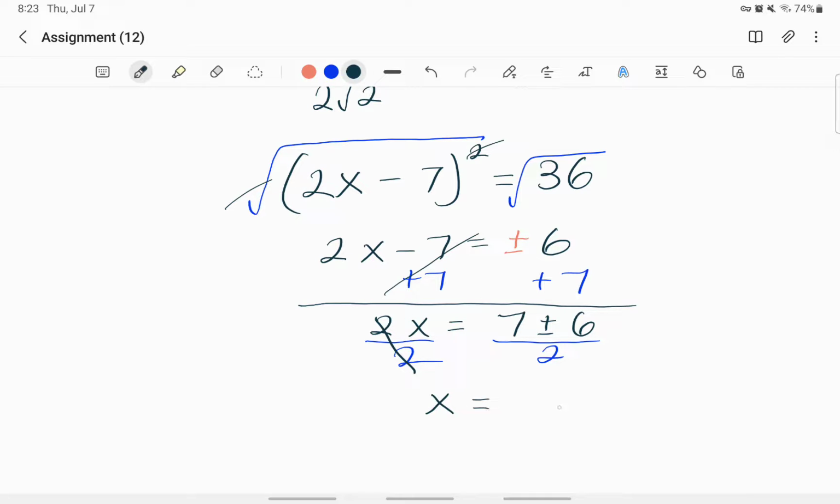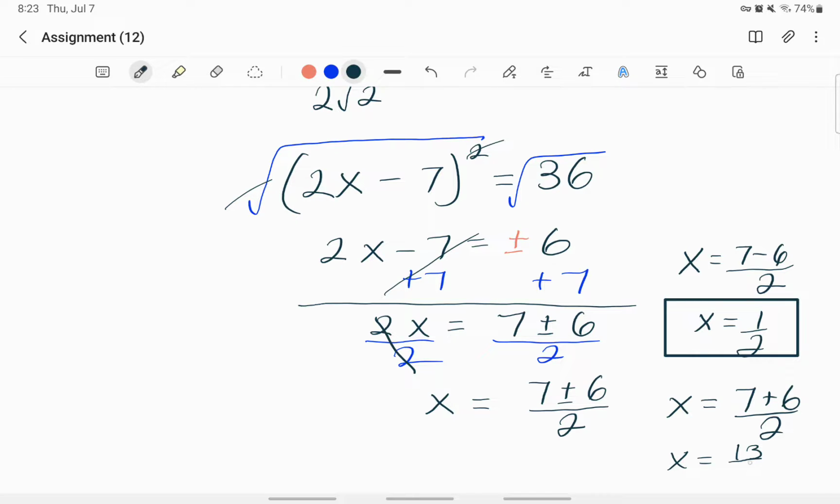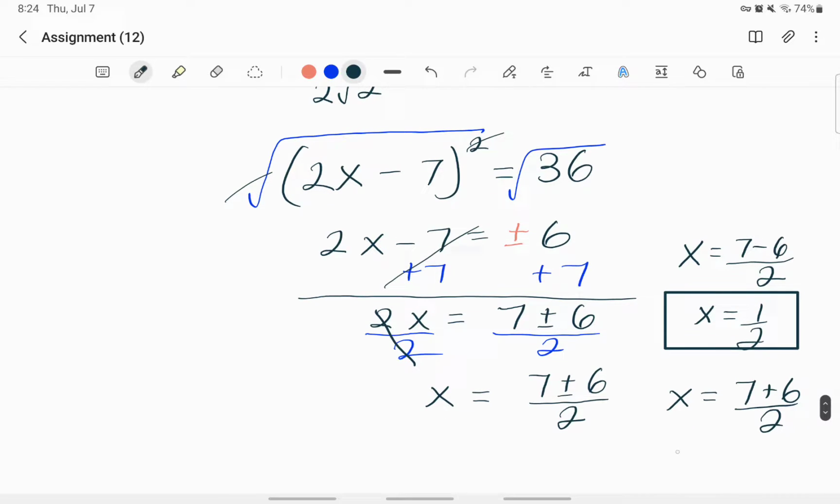So x equals 7 plus or minus 6 over 2, which means x is going to equal 7 minus 6 over 2. x is going to equal 1/2. And then x equals 7 plus 6 over 2. x equals 13/2. And there you go.